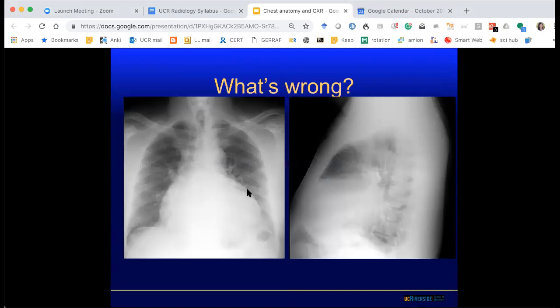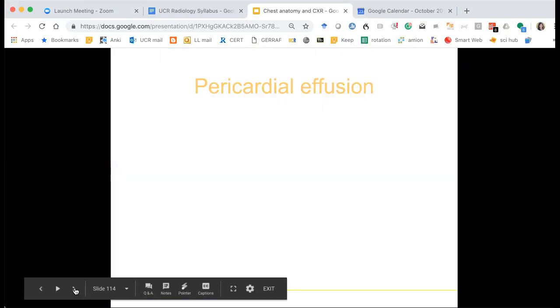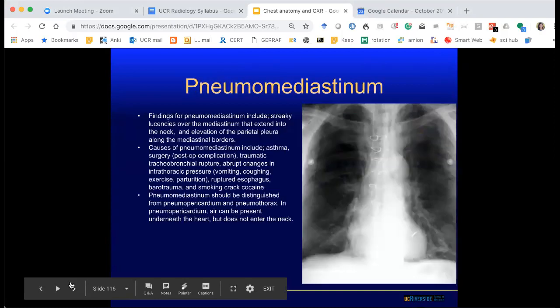I think the boot sign is for patients with tetralogy of Fallot. Is that right? That's why we have to say it's an enlarged cardiomediastinum silhouette. We don't know if it's really cardiomegaly, because if it's pericardial effusion, then it is a completely different treatment. That's an example of pericardial effusion, which is just effusion in the pericardial space.